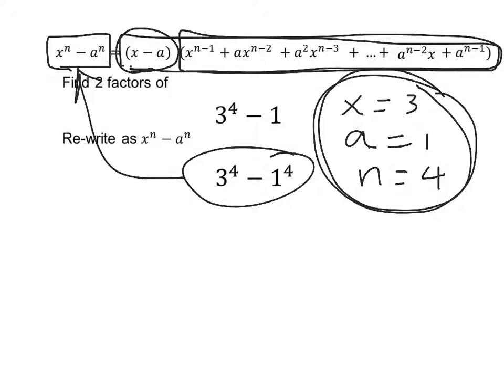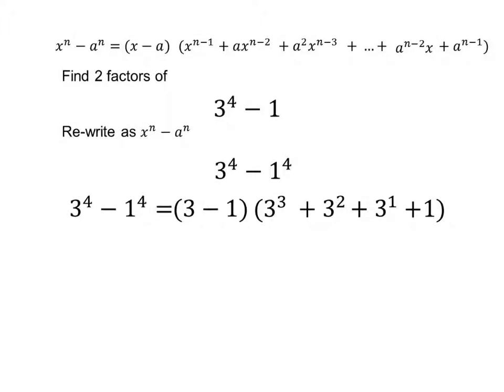So we're going to say 3 to the power of 4 minus 1 to the power of 4 is 3 minus 1. Remember that we said that x is 3, a is 1, and n is 4. So we're just plugging in now. So we go x minus a, 3 minus 1.